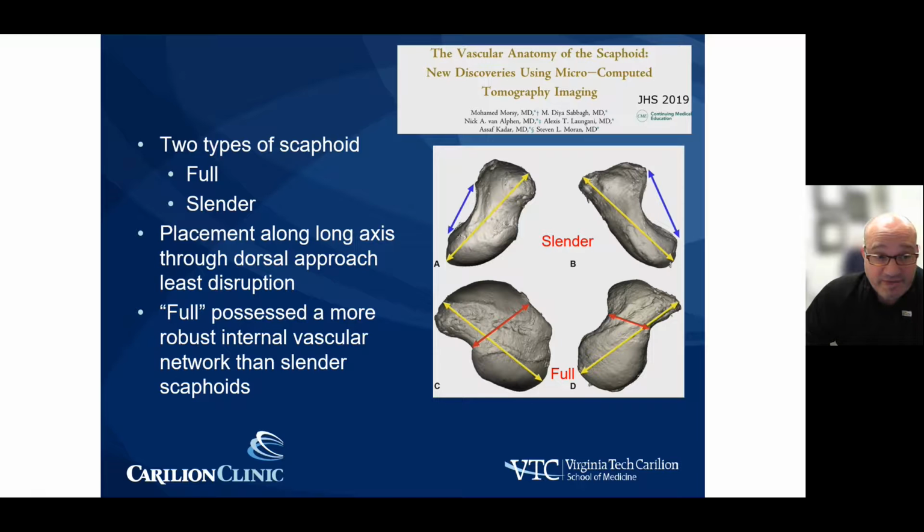Placement along the axis through a dorsal approach was the least disruptive to the vasculature. The full type scaphoid possessed a more robust internal vasculature network than the slender scaphoid. So I do recommend that in your practice you look at your scaphoid non-unions. They usually tend to be those slender type scaphoids.